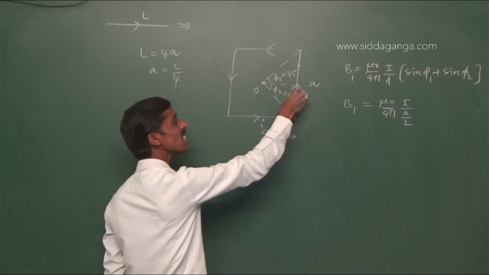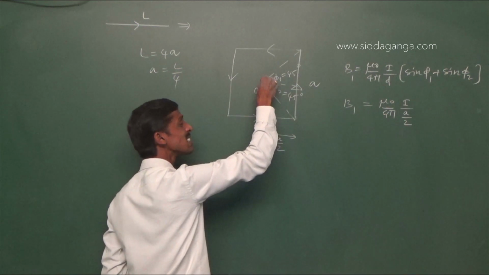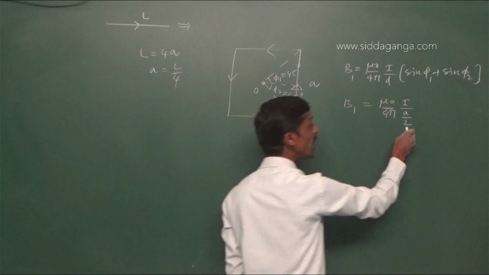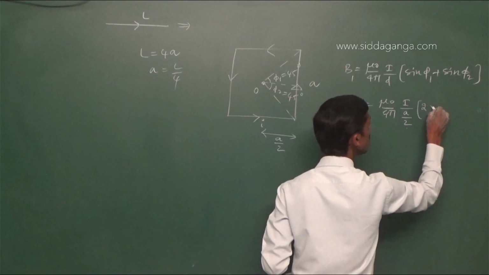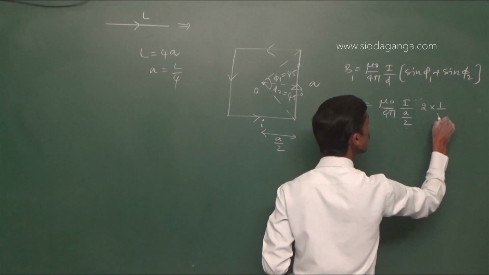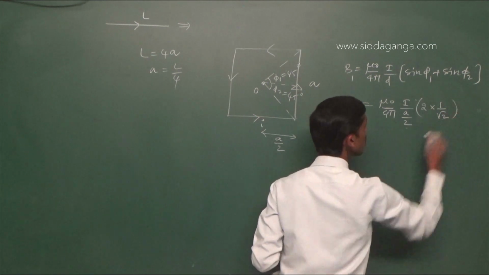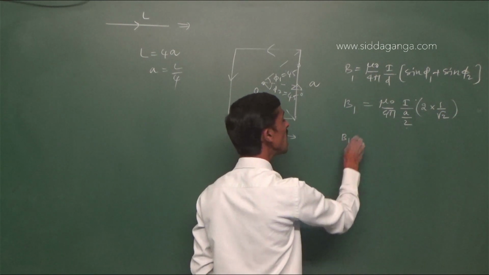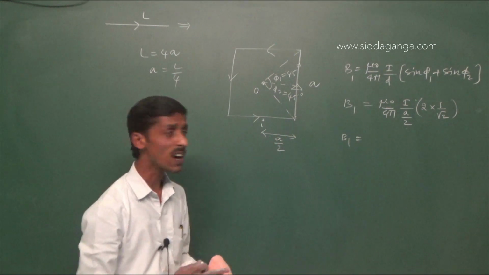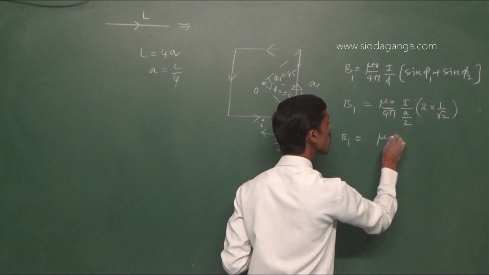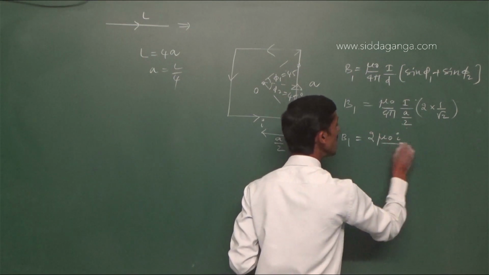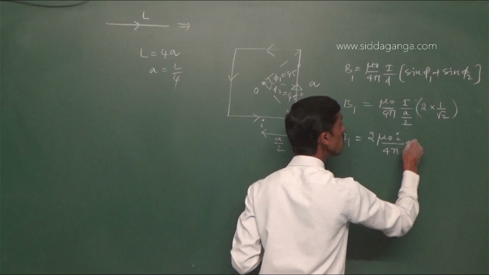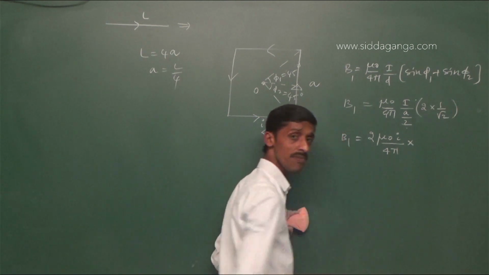Because the distance of the center of the square from the side is a by 2. Here sin 45 plus sin 45, 2 sin 45. Sin 45 is 1 by root 2. So the magnetic field at the center of the square due to one side is mu naught, 2 goes to the numerator, 2 mu naught I divided by 4 pi a into 2 by root 2, which is root 2.